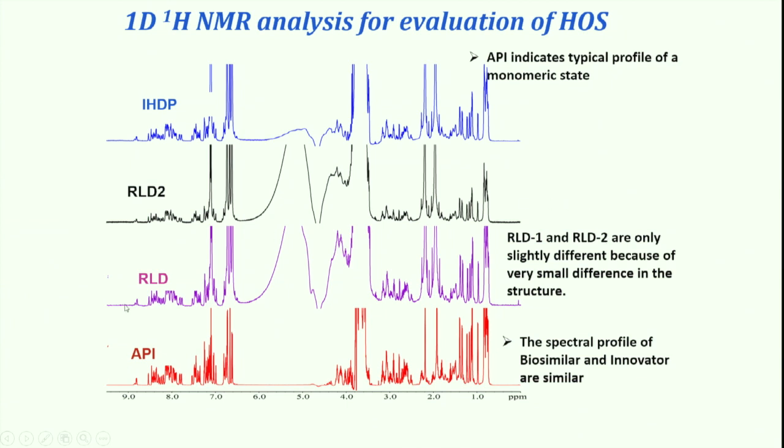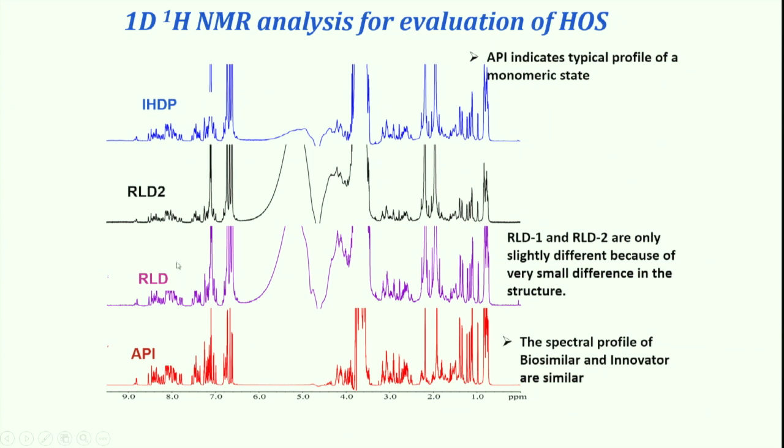So, if you now zoom in a little bit more, let us look at RLD1 and RLD2, there are some minute differences you can see here. That slight difference is because of buffer composition or something like that, right. But overall the spectral profile of your biosimilar drug with the RLD is matching.